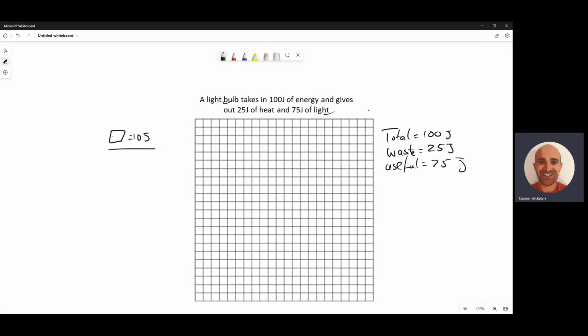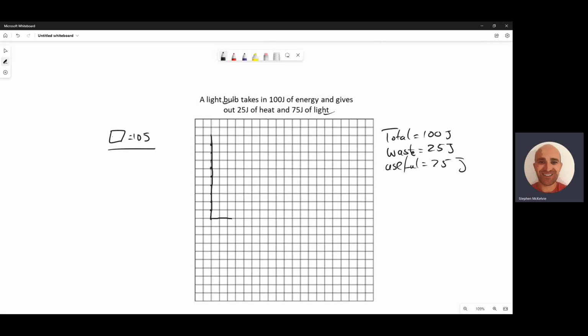So if one box is 10 joules, then I'm going to draw down 1, 2, 3, 4, 5, 6, 7, 8, 9, 10. All right, I'm going to connect that up. That's my total line done.